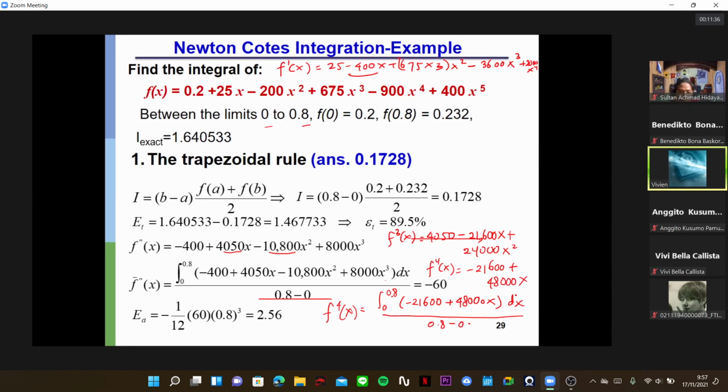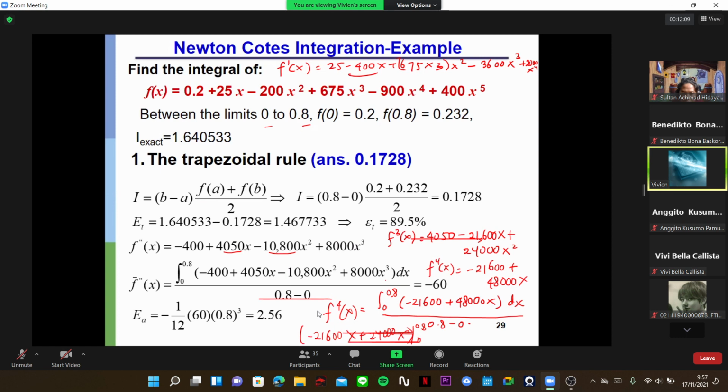If we do the integration, that will be minus 21,600 x plus 24,000 x squared, from the limit between 0 up to 0.8.